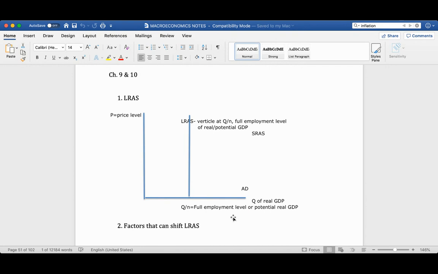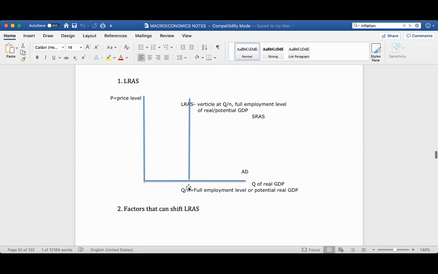Unemployment will be low. We know unemployment will not be zero because there's always the natural rate of unemployment that's around 4 to 5%. There's always some level. But here at QN, we're doing the best that we can. All right. So if price here does not change the long run aggregate supply, what does?